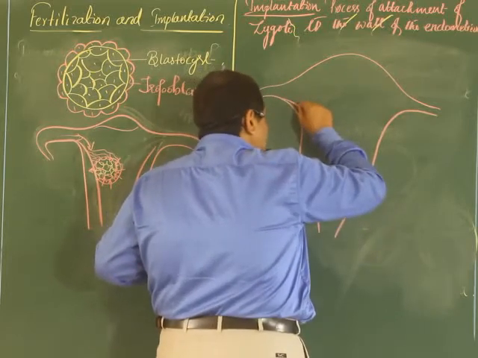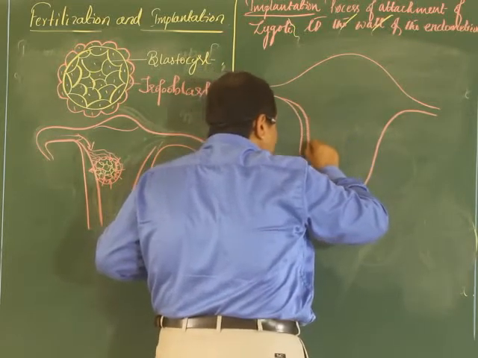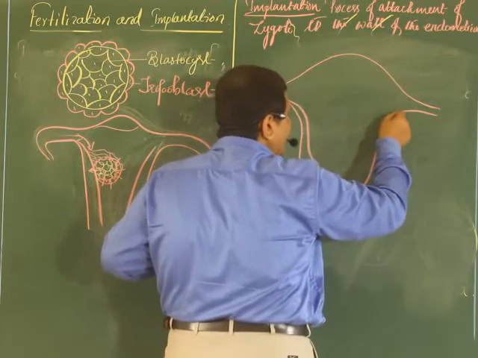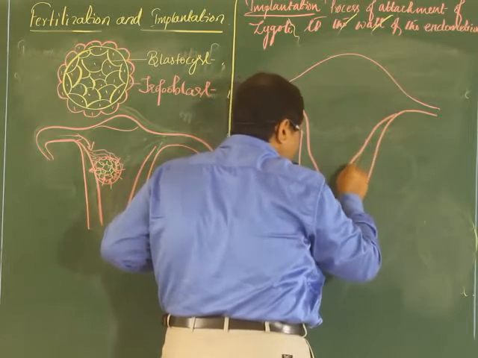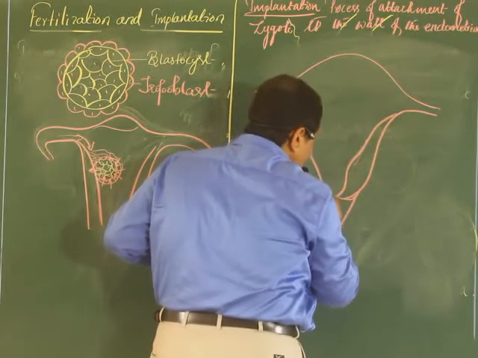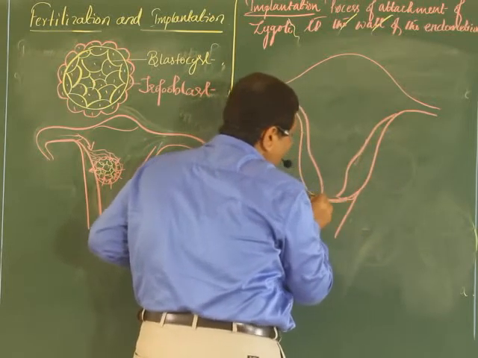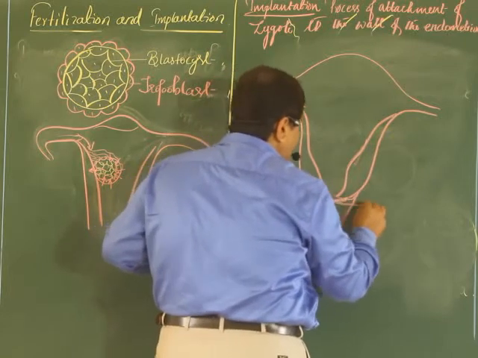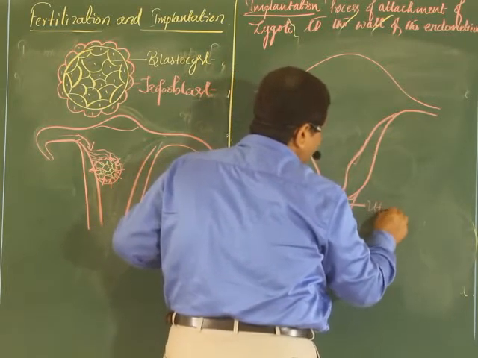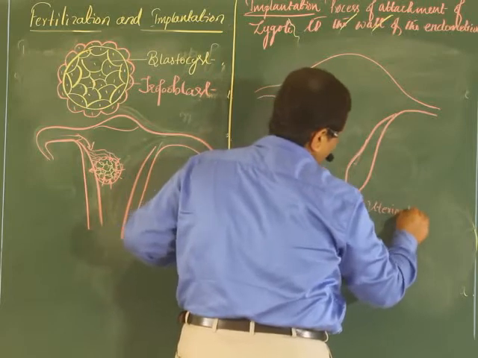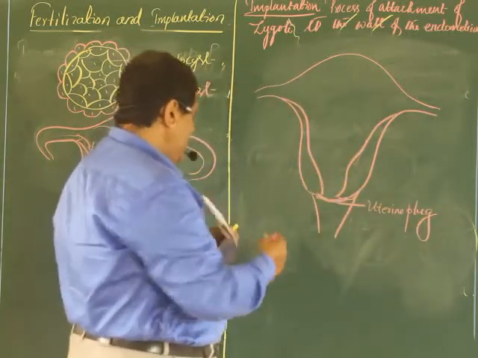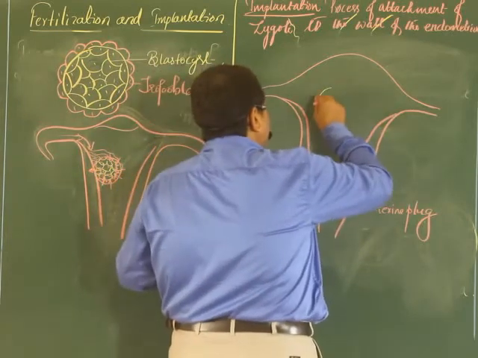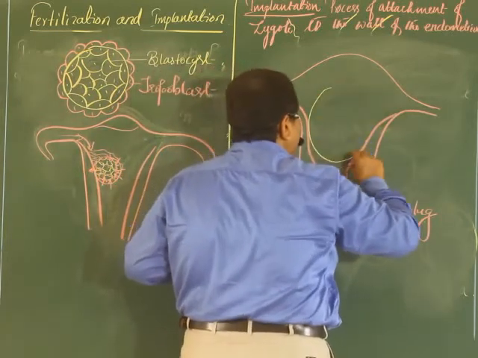You can see here, this is a uterus, and this is a cervical canal, and here a thick plug is formed to protect the child. That is called uterine plug. What is that? Uterine plug. And here the placenta is formed.